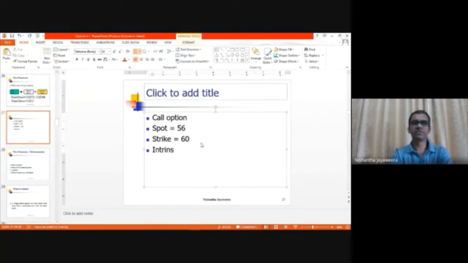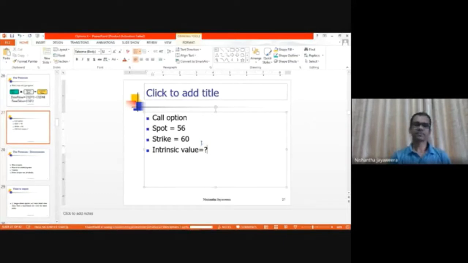You may remember we discussed premiums for options, and there we discussed that the premium consists of two parts: time value and intrinsic value. Okay.